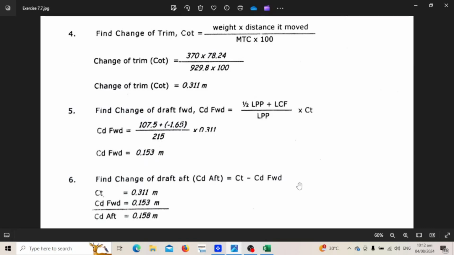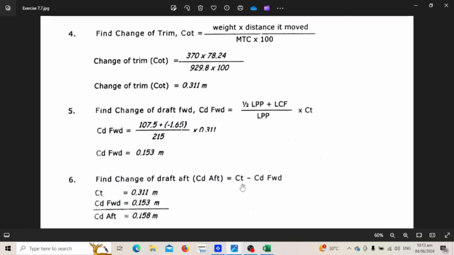Then we will find the change of draft up. So change of draft up equals change of trim, which is this one, minus your change of draft forward, which is this one.